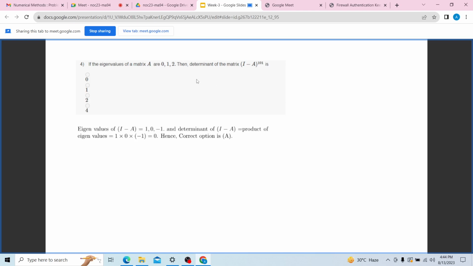For that, first you need to calculate the matrix I minus A. When you subtract the diagonal elements, 1 minus 0 you will get 1, 1 minus 1 you will get 0, and 1 minus 2 you will get minus 1. Now its determinant will be just the product of all the eigenvalues. So it will be 0. Hence its power 101 will again be 0. So the correct value is 0.